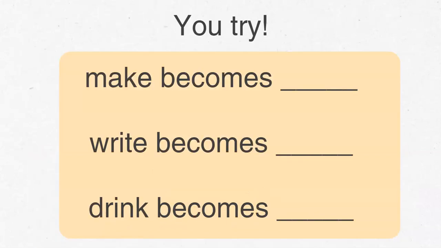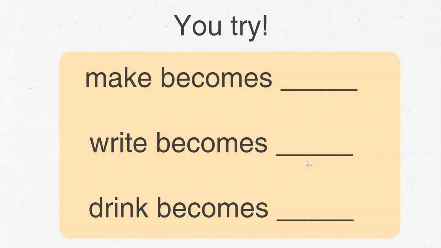Now it's your turn. I want you to use a notebook or a whiteboard and write down the irregular past tense verb for the verbs. In the past tense, make becomes what? What is the irregular past tense verb for make? Write becomes what?